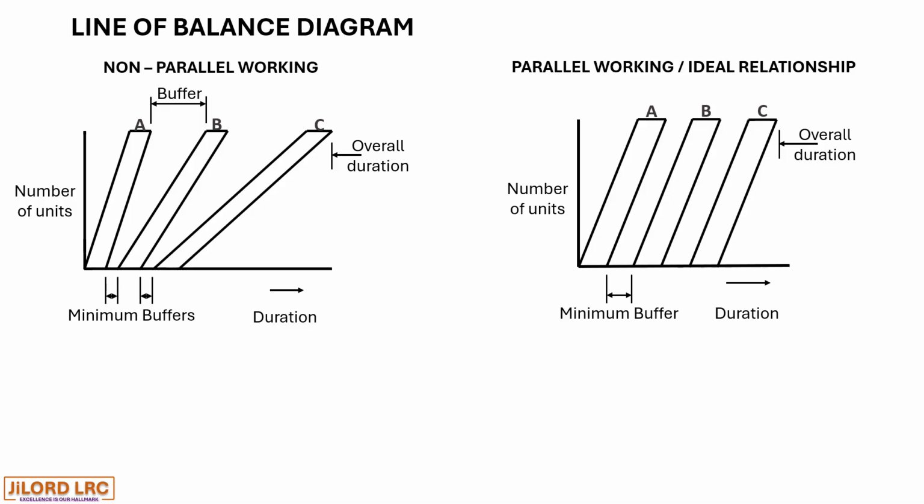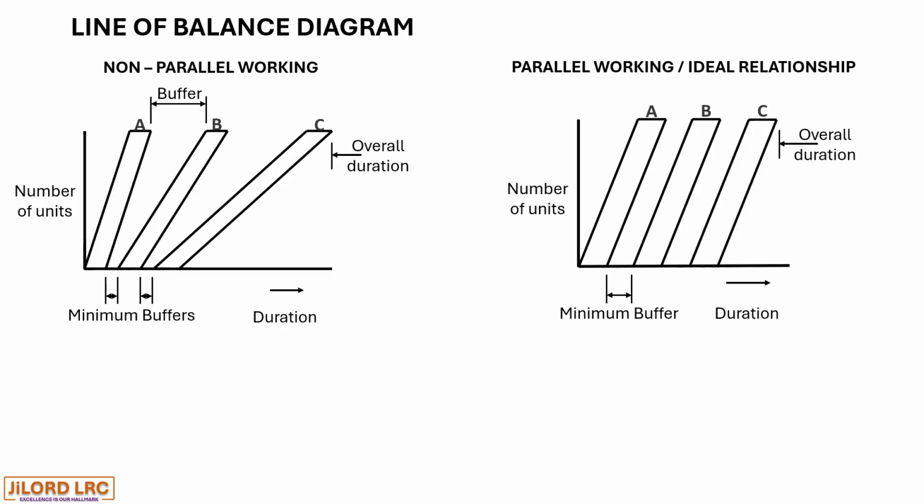We have the buffer at the bottom or on the horizontal axis, or at the bottom of the operation, the same as that at the top of the operation between A and B and C.